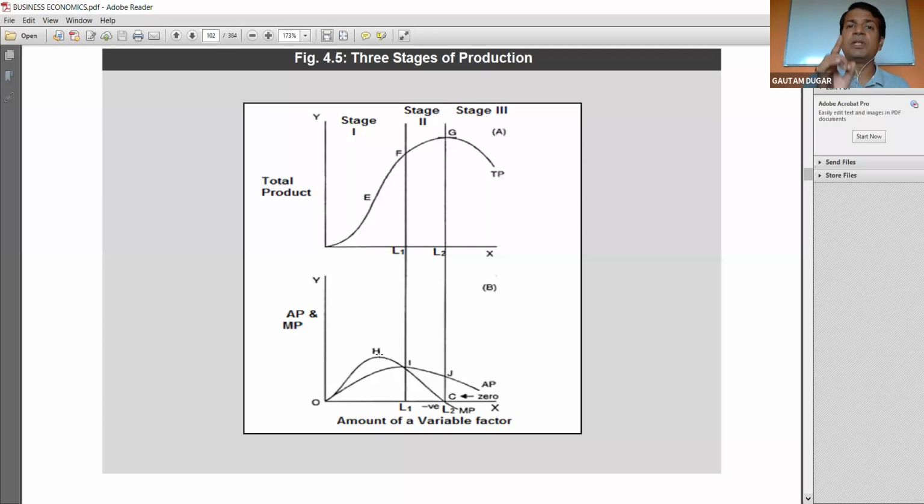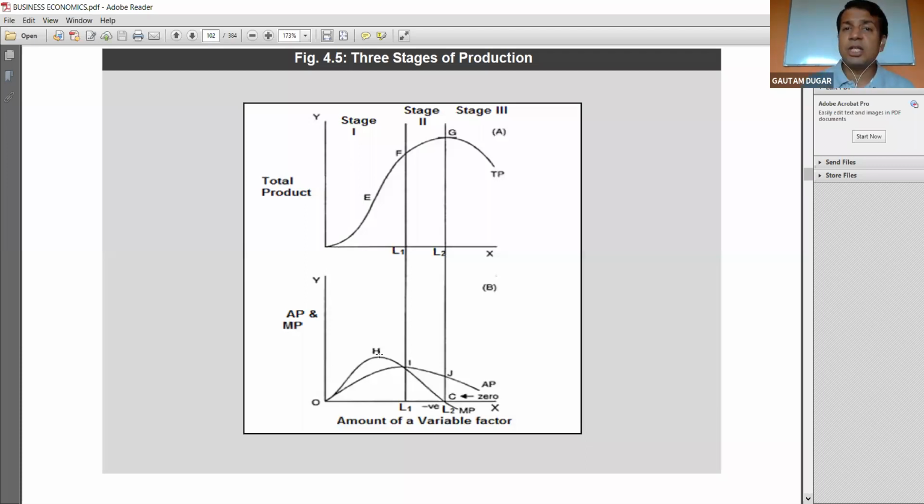MP is equal to AP at the highest point of AP. And that is the end of the first stage. The first stage ends where average product is highest and the marginal product is equal to the average product. Right. Thereafter comes the second stage.